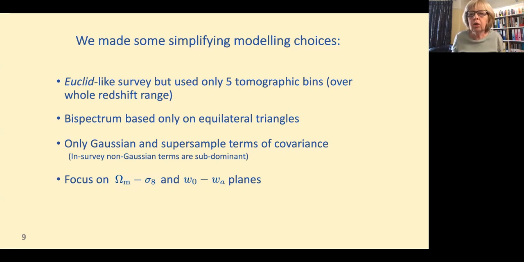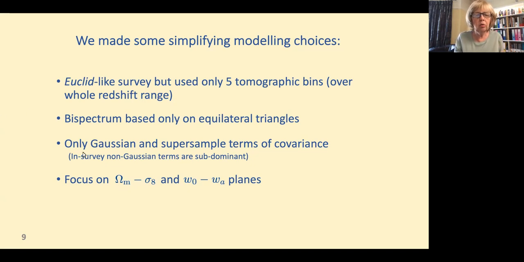So we are actually throwing away information about the power spectrum. Equally, we simplified the bispectrum and so threw away some information because we only used equilateral triangles. And both those simplifications helped with the estimation of the covariance matrix, the bispectrum covariance, because that's really very complicated.